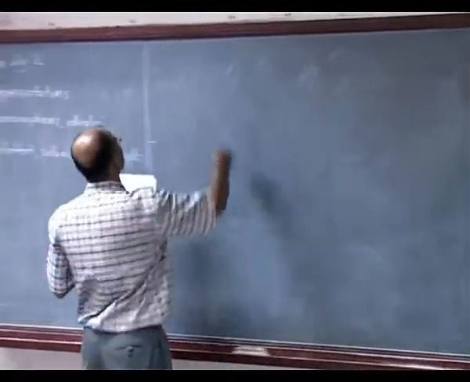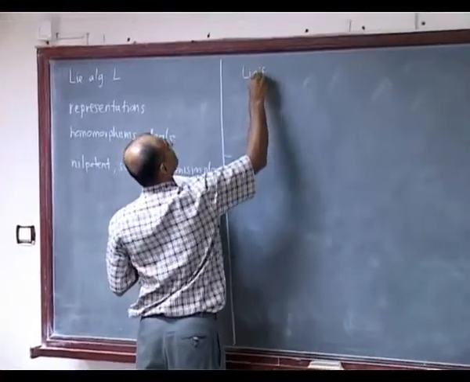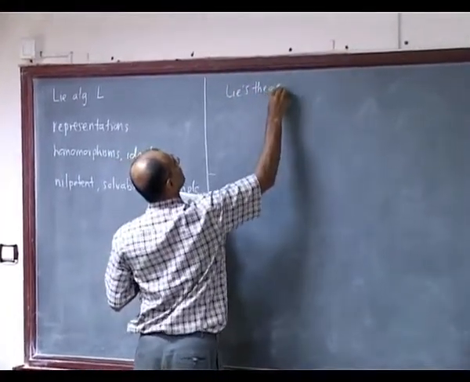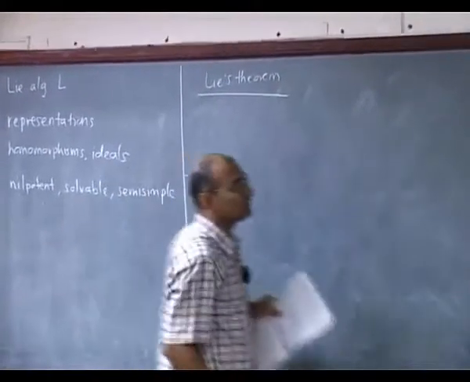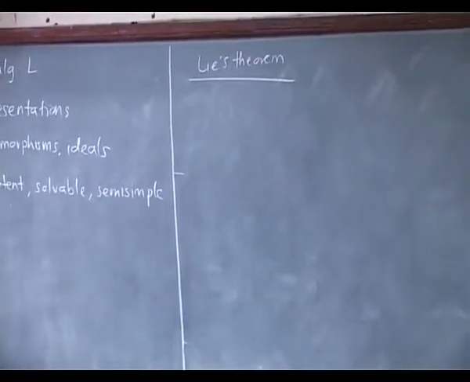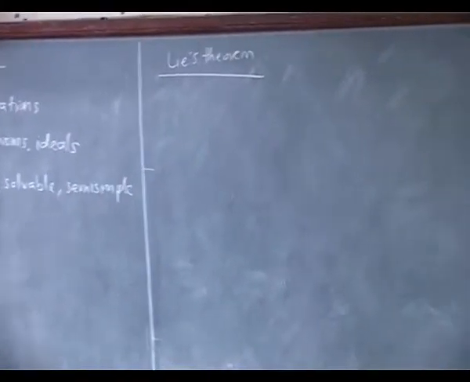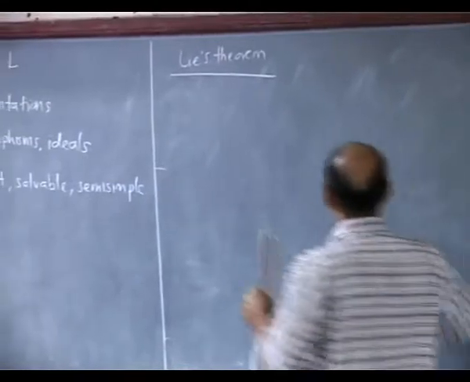Anyway, let's first do Lie's theorem. The conclusion of the theorem stays the same, in that given an action, you can find a common eigenvector, but the hypothesis is different.